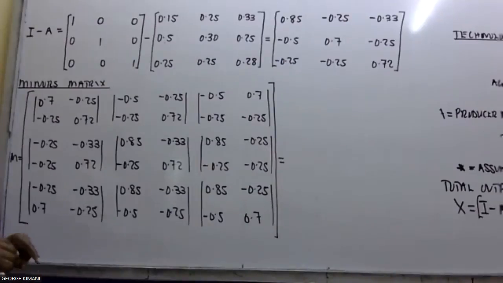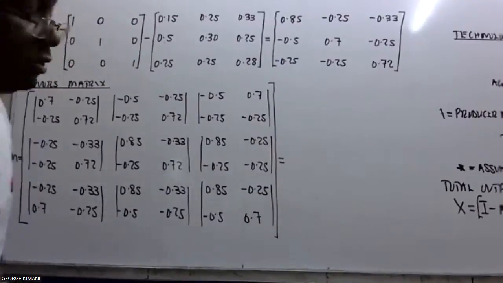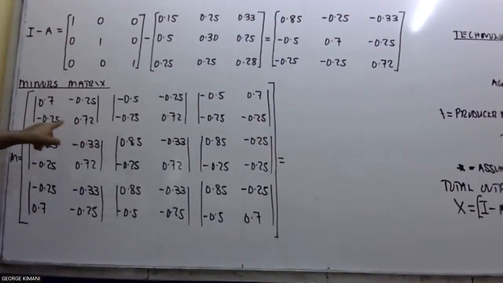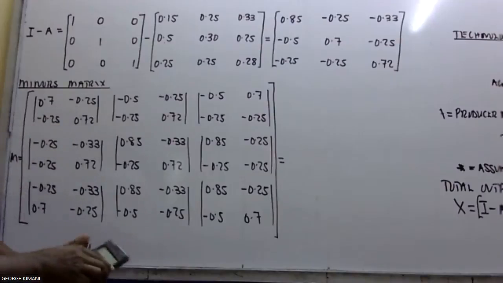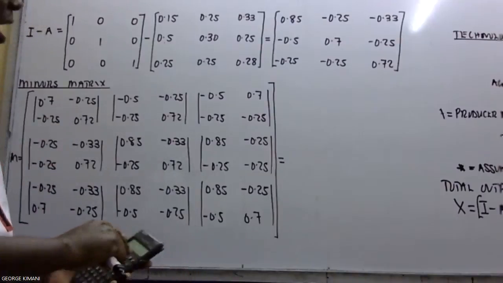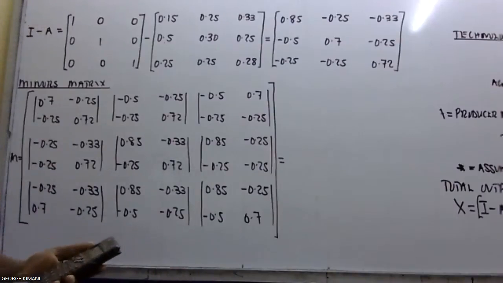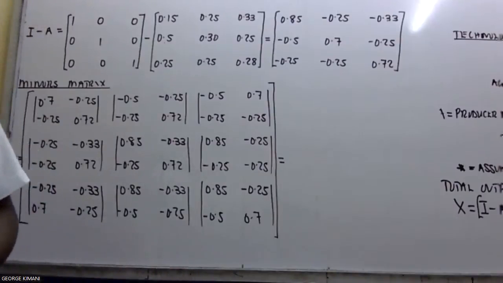Okay. Now quickly chukua calculator because these are determinants. Tutakuwa tuna multiply the major diagonal, tuna minus the minor diagonal. So chukua calculator, we do together. You have the calculator? Yeah, I have it somewhere here.